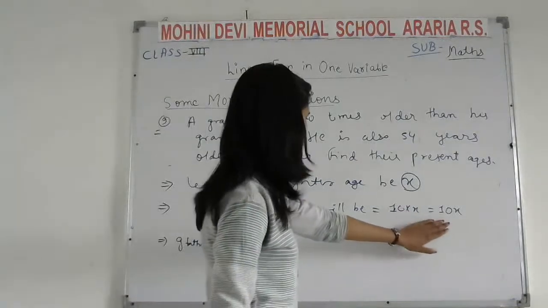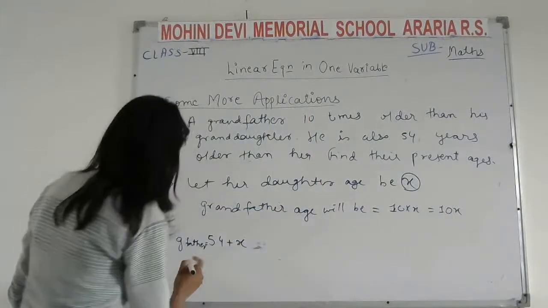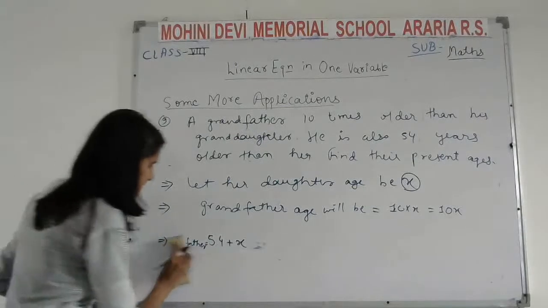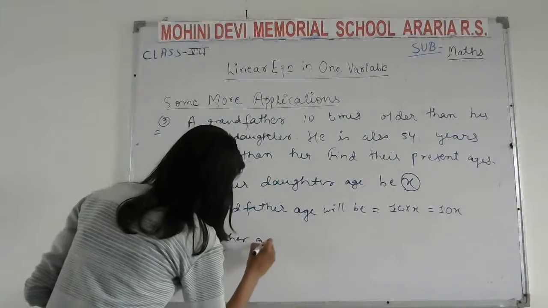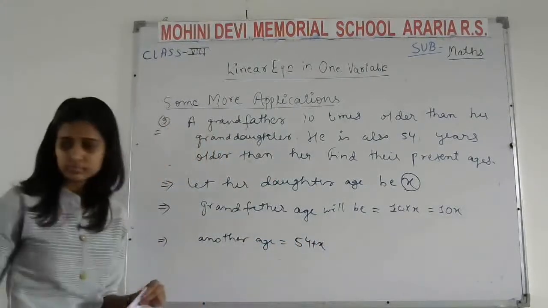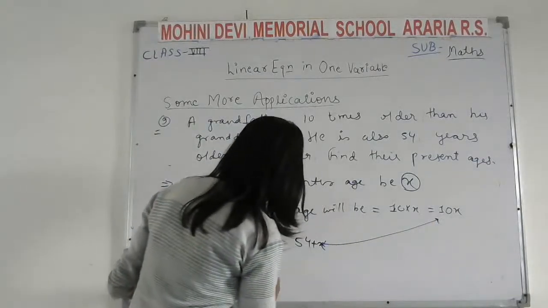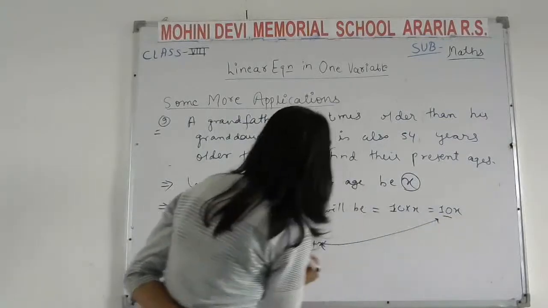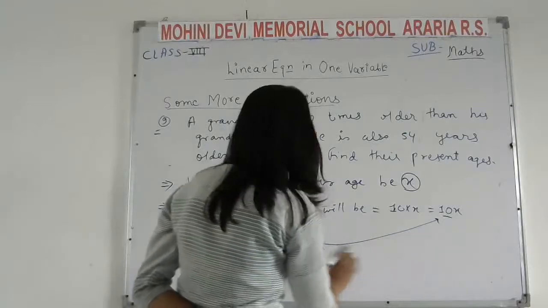Here the grandfather's age is 10x, and from another statement the grandfather's age will be 54 plus x. But both the ages should be equal. Though it is written in another form, as 10x and as 54 plus x, the grandfather's age will be the same.